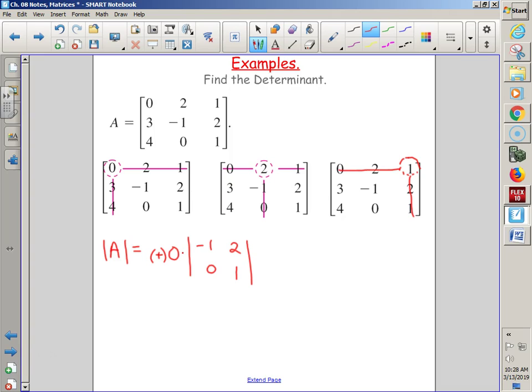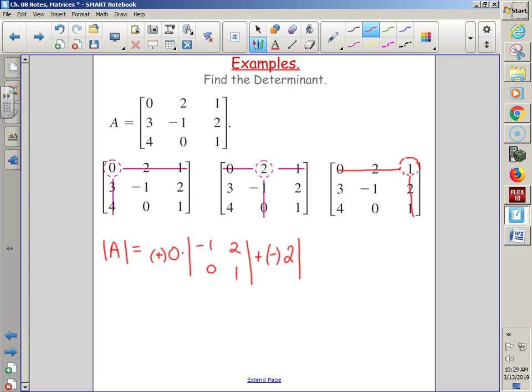Whatever one entry has, the next entry is going to have the opposite sign in front of whatever coefficient, whatever entry we have. So somehow these are going to be flipping.